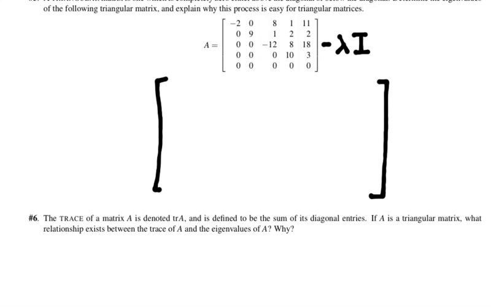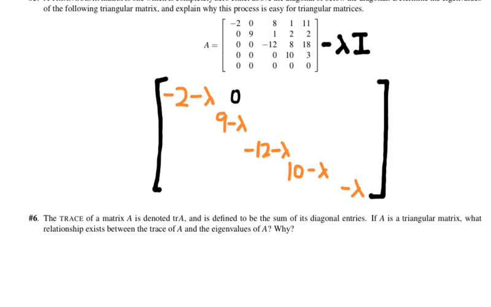And so in this case, I would get negative 2 minus lambda on the diagonal, followed by 9 minus lambda on the diagonal, followed by negative 12 minus lambda on the diagonal, 10 minus lambda. Sorry, this is 5 by 5, not 6 by 6. My eyes are deceiving me here. 10 minus lambda, and then 0 minus lambda. And then all the other entries in this matrix would remain the same as they were.